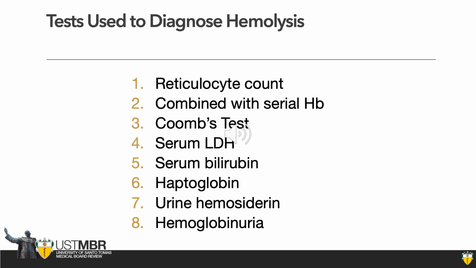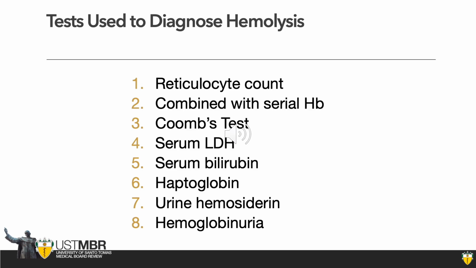And these are the common tests to diagnose or to work up a patient who has possible hemolytic anemia. An important basic test would be reticulocyte count, so you would expect it to be high. Then you have a serial hemoglobin or CBC.